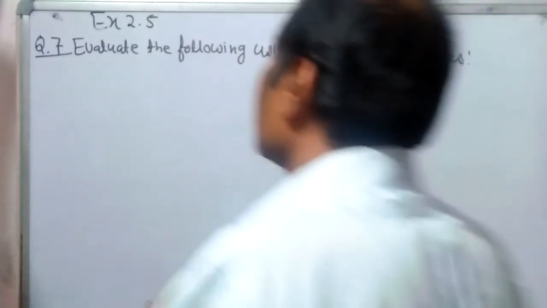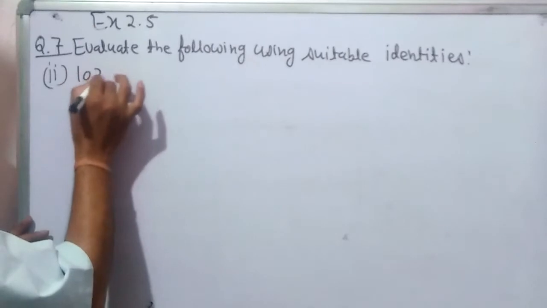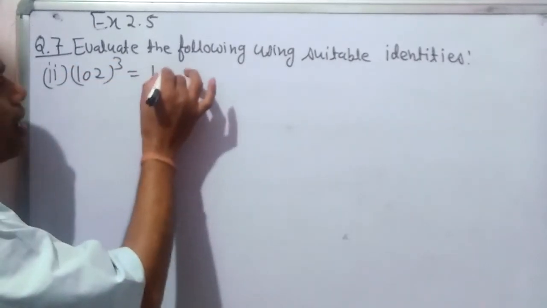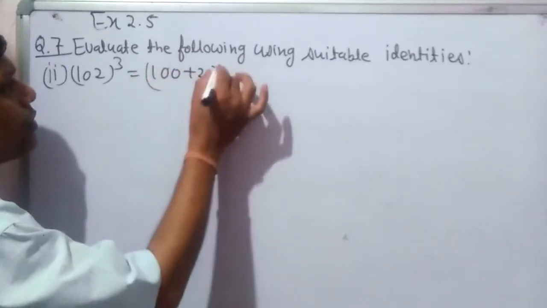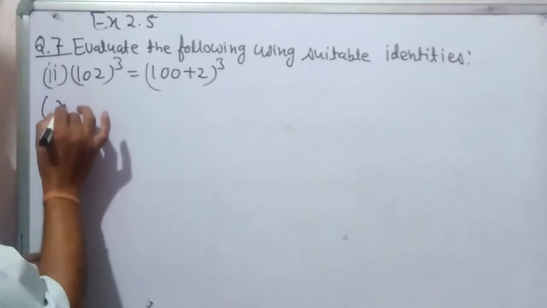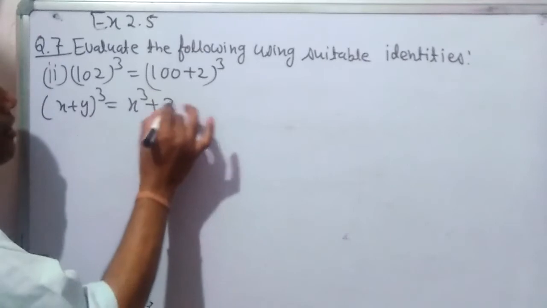The second part of this is 102 cube. How we will replace it is 100 plus 2 whole cube. For this, we have to use the identity x plus y whole cube.